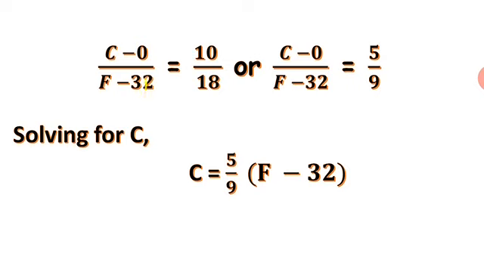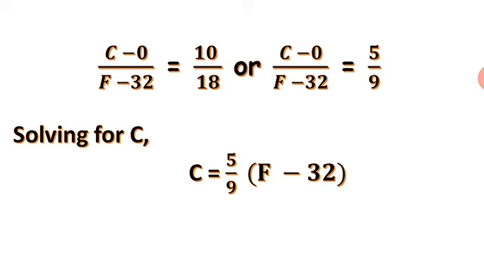Zero is the freezing point in Celsius, and 32 is the freezing point in Fahrenheit. This is equal to 10 to 18, the ratio of increase, so C minus 0 divided by F minus 32 is equal to 5 over 9. You just simplify 10 divided by 18 to 5 ninths.